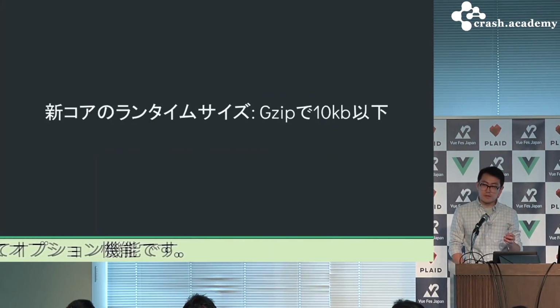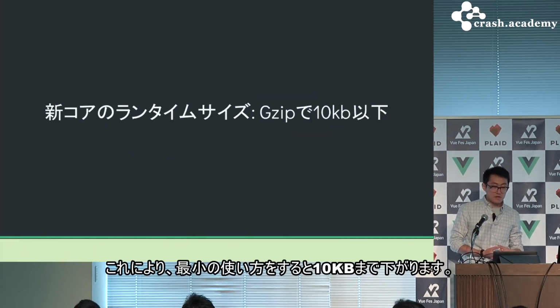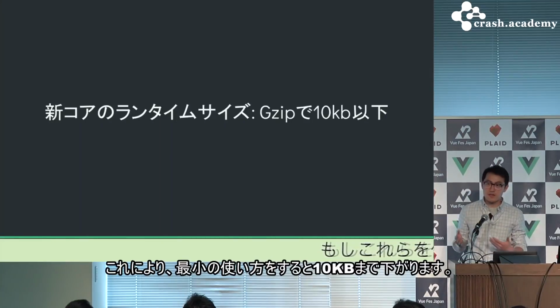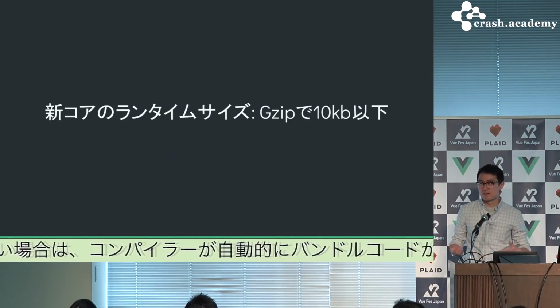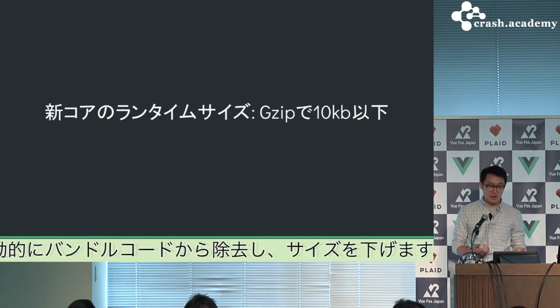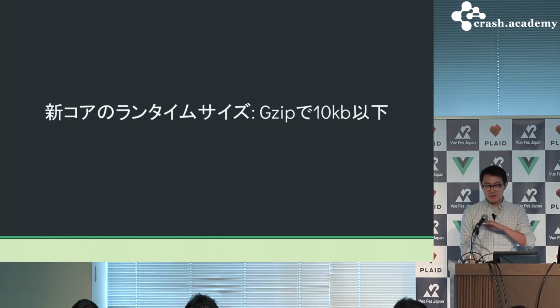If you did not import anything and just use the most basic features, the new runtime will be around 10 KB gzipped. That's around half the size of the current runtime. So again, we're cutting everything by half. Time spent by half, memory by half, size by half.